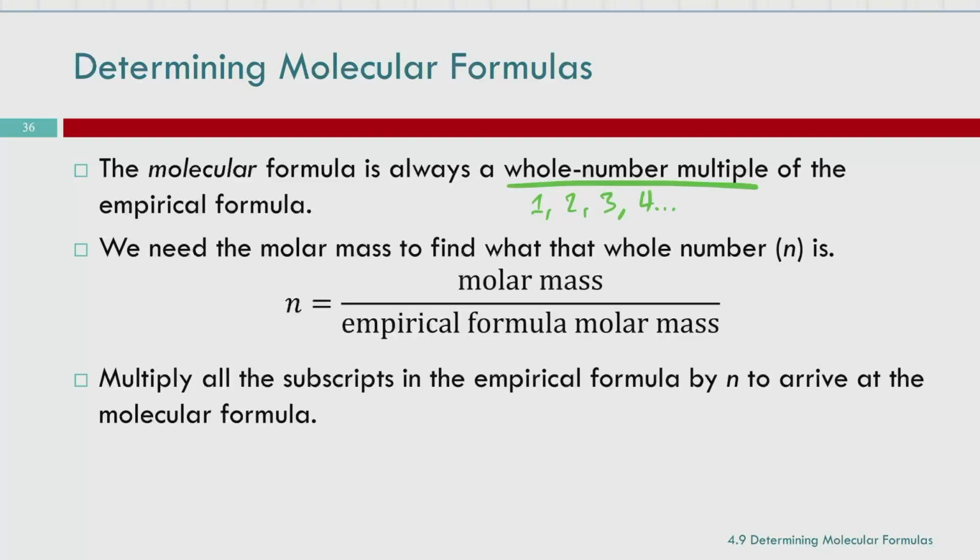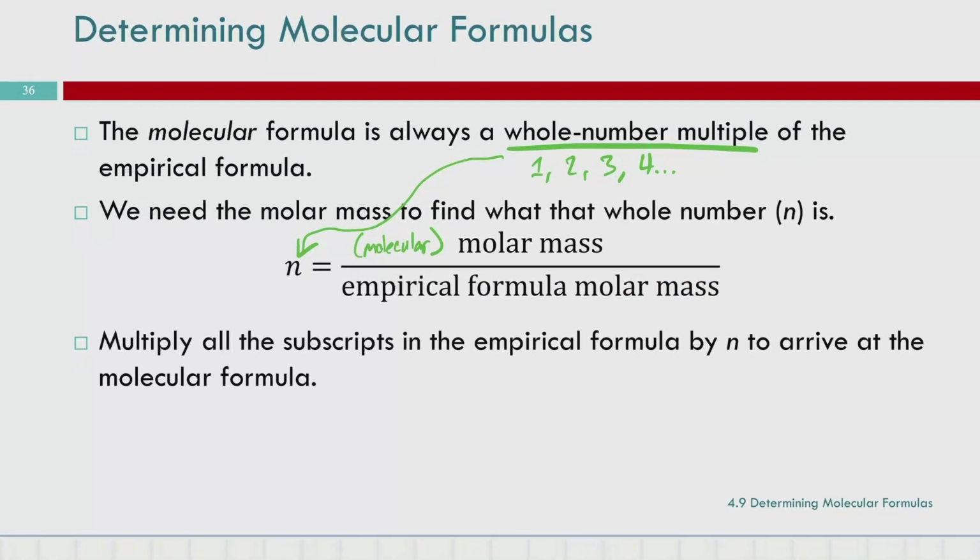We can figure out what that whole number multiple is. We call it N, just N for number, by taking the molecular formula molar mass and dividing it by the empirical formula molar mass. Then we can multiply all of the subscripts by whatever that number is to get our molecular formula.